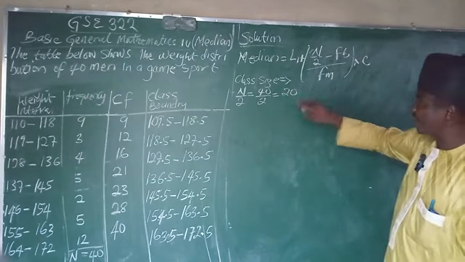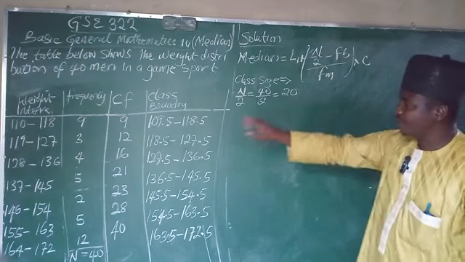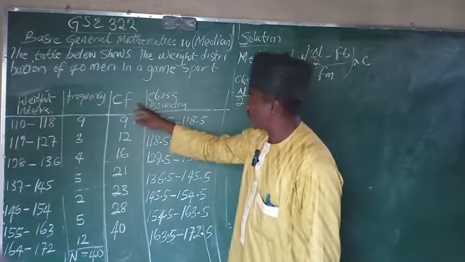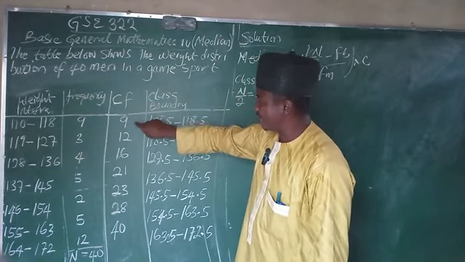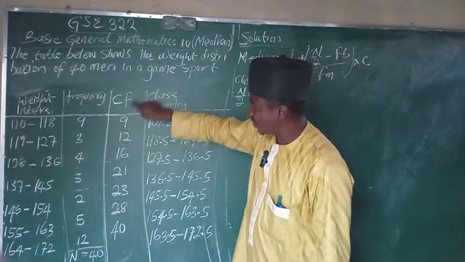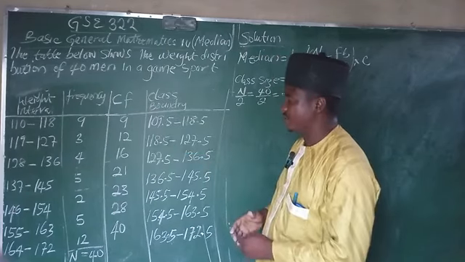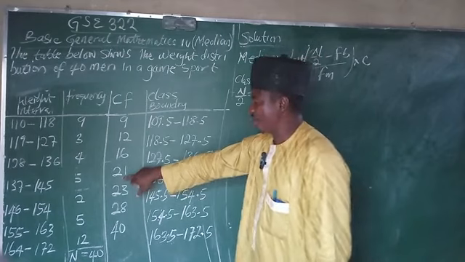So now that we have this 20, we go back to the table. We come to the column of cumulative frequency and look: in which cumulative frequency can we first get 20? Of course, it's here in this 21.